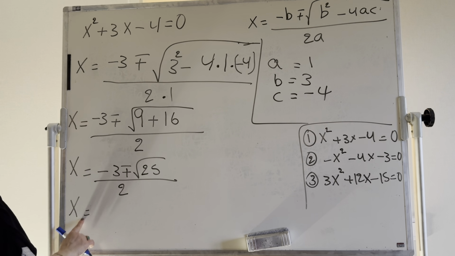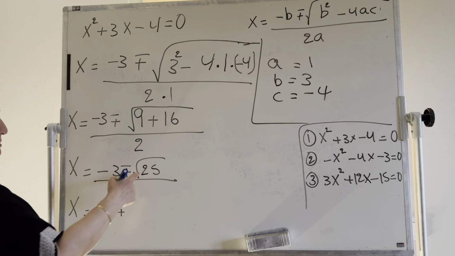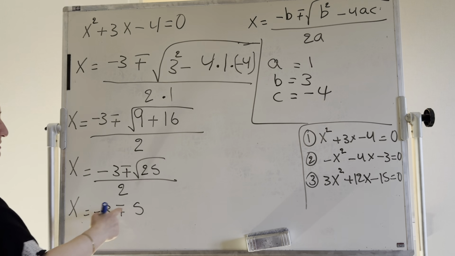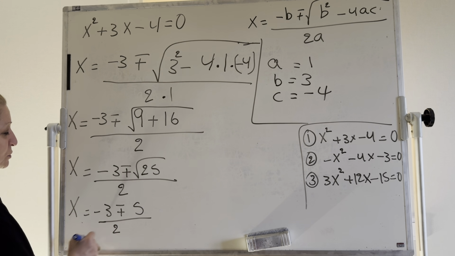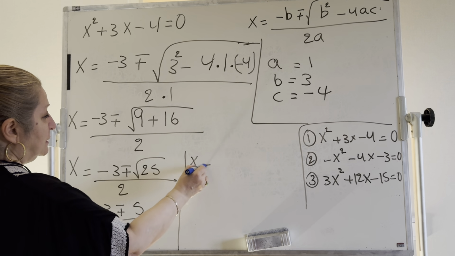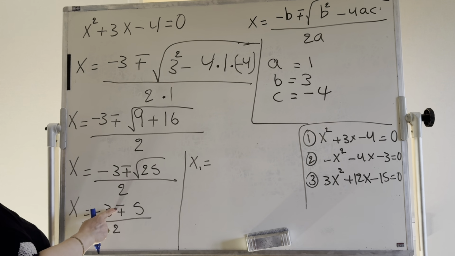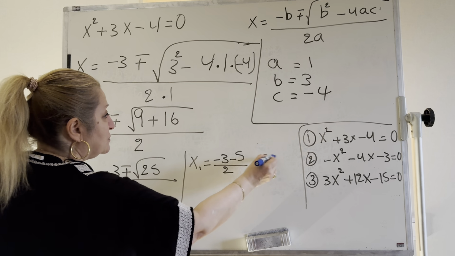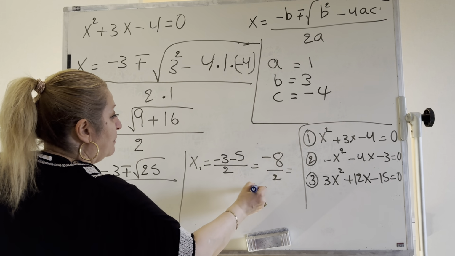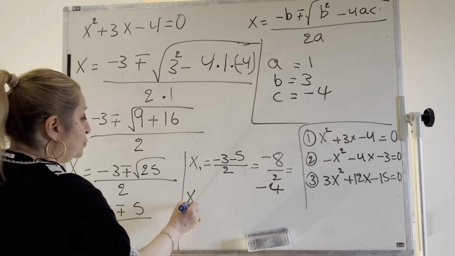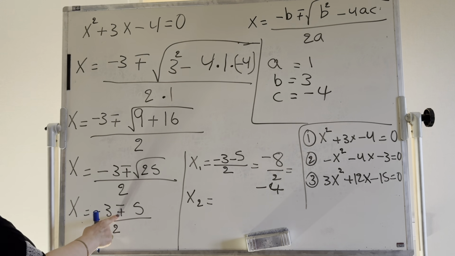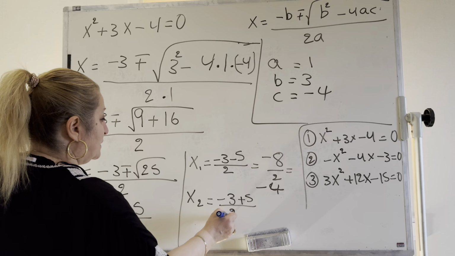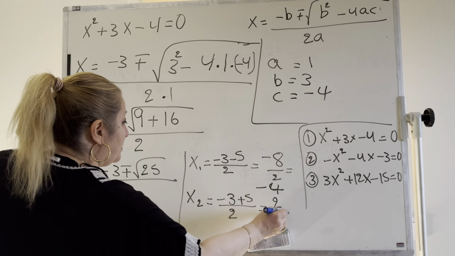x equals minus 3 plus or minus, I take the square root and it's 5 times 5, so 5, divided by 2. x1 equals, I will take first the minus sign, minus 3 minus 5 divided by 2, minus 8 divided by 2 equals minus 4. x2 equals, then I will take the plus sign, minus 3 plus 5 divided by 2 equals 2 divided by 2 equals 1.